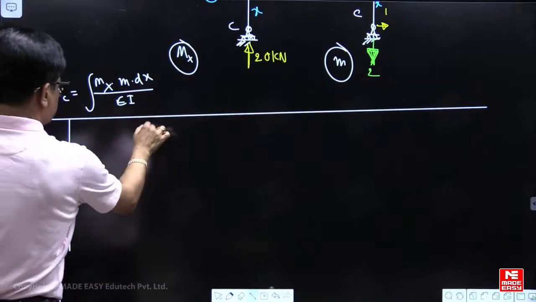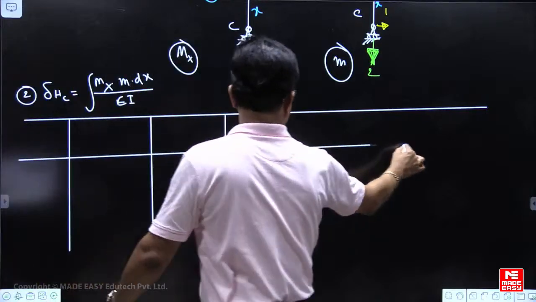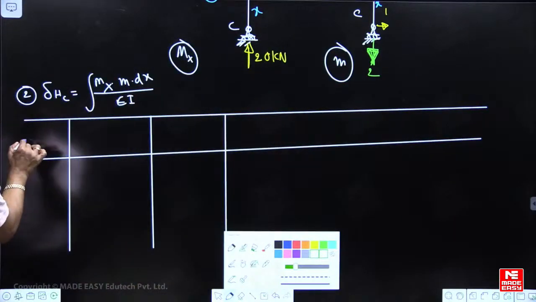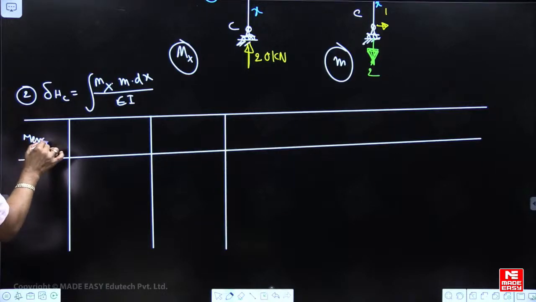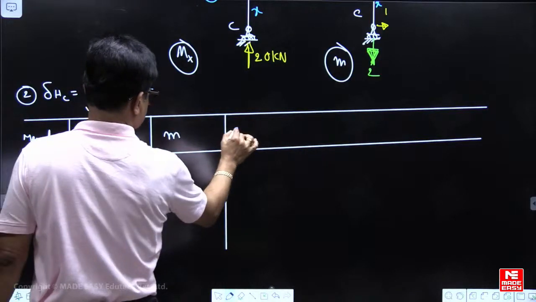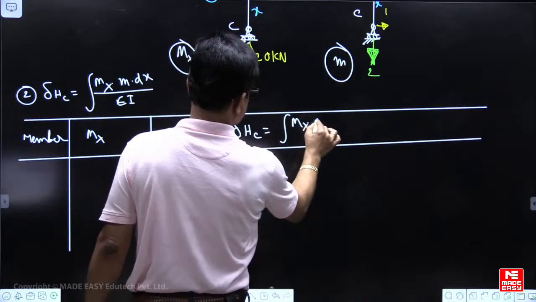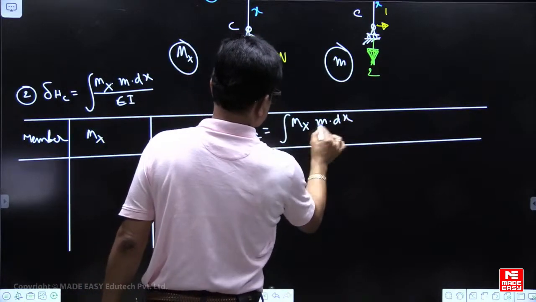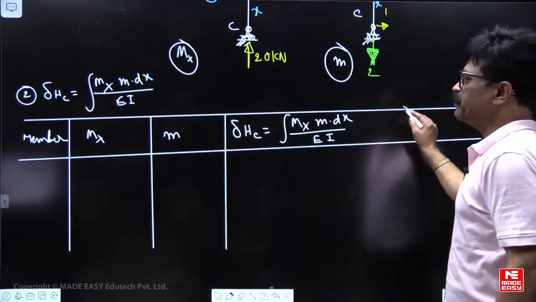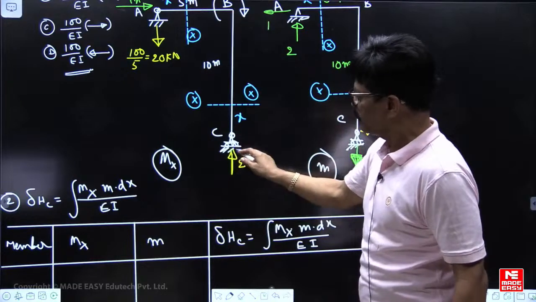Member, Mx, m. How many members do you have to write? First let us say CB member.